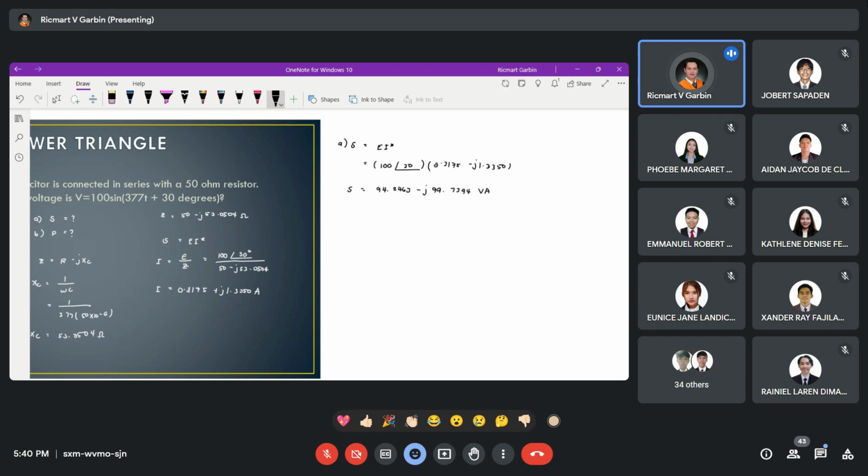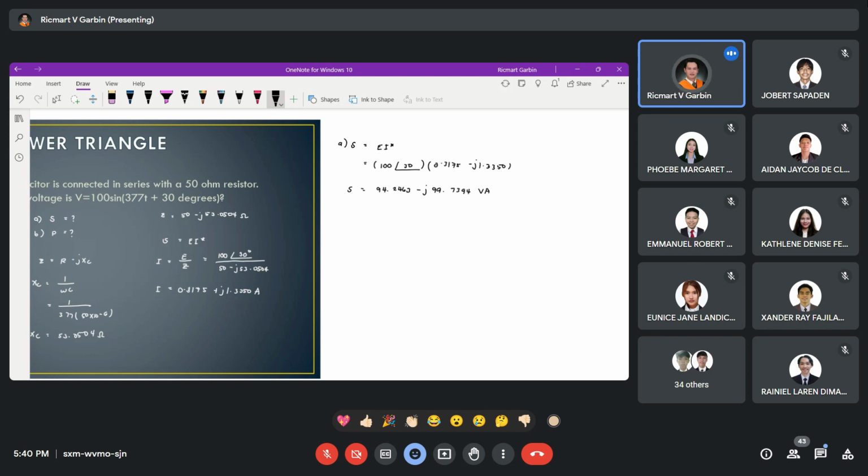So tama po ba yung ating mga conversion? 3.05.